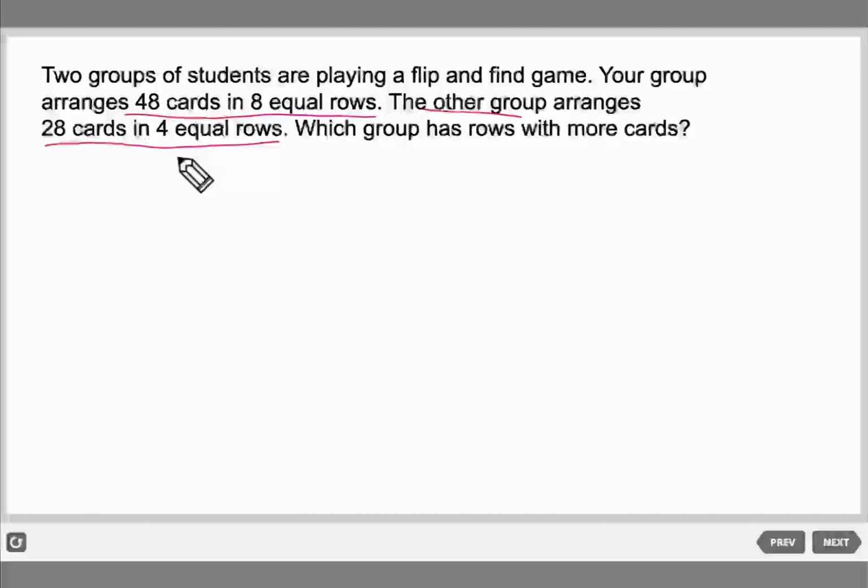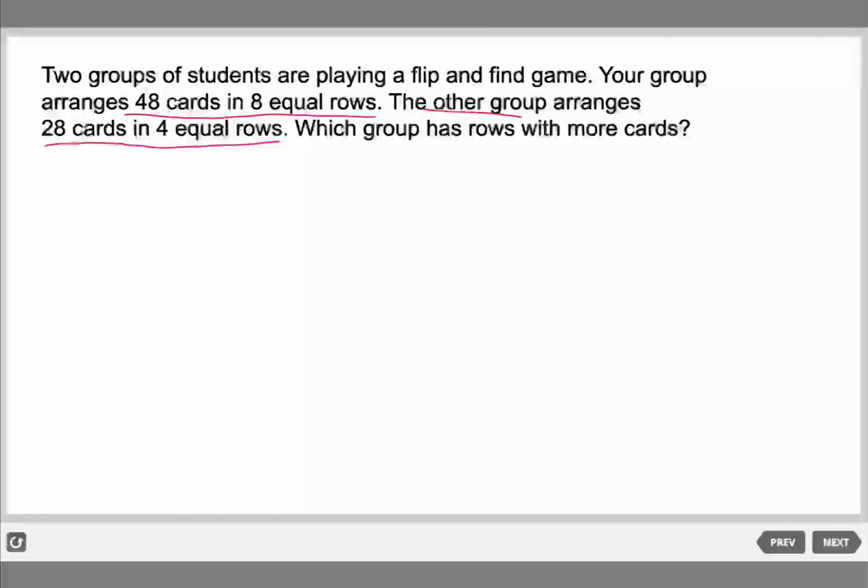How can we do this? Maybe by dividing. Yes, by dividing. And we can of course use counters and put them in an array.